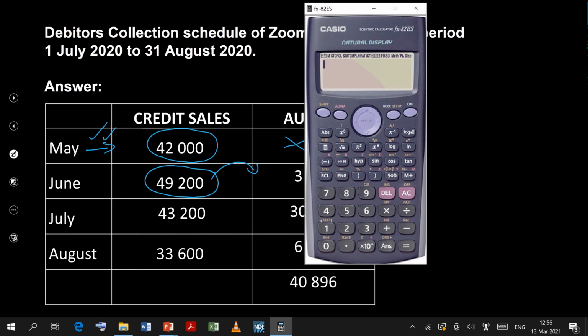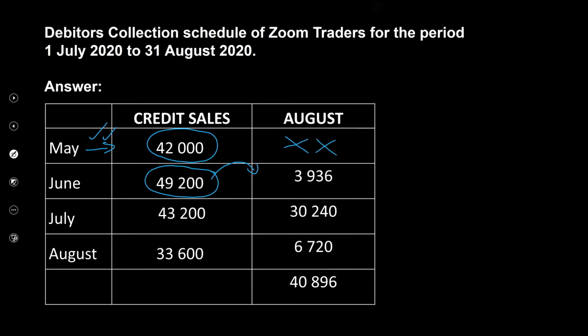We're looking at the 49,200 times the 8%, and that will give me a figure of 3,936. There's my 3,936.